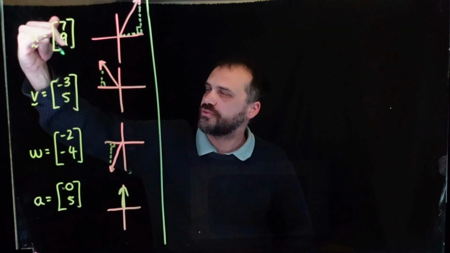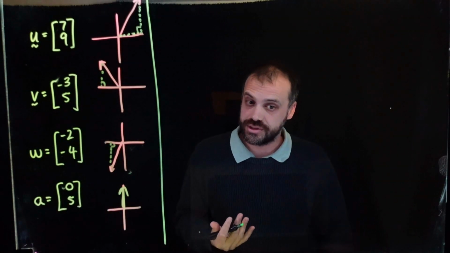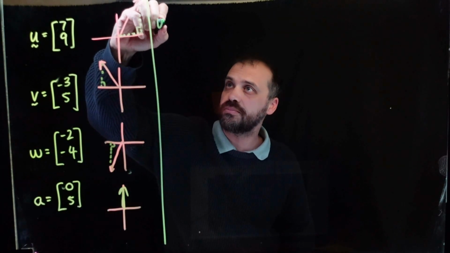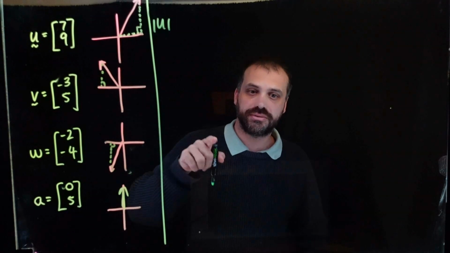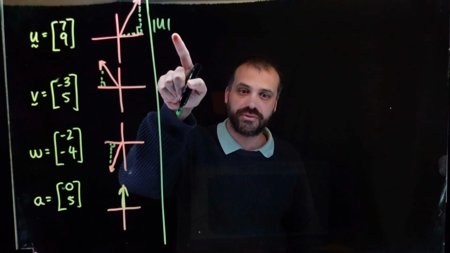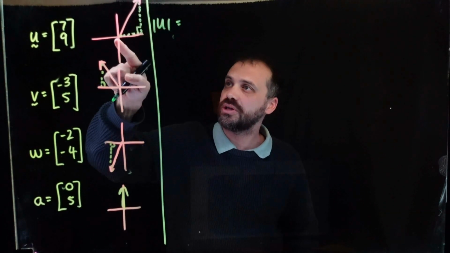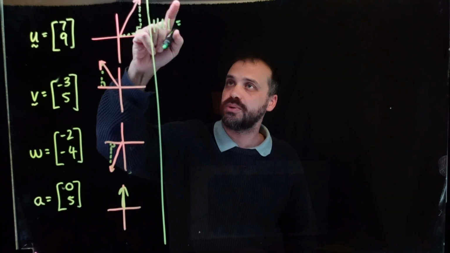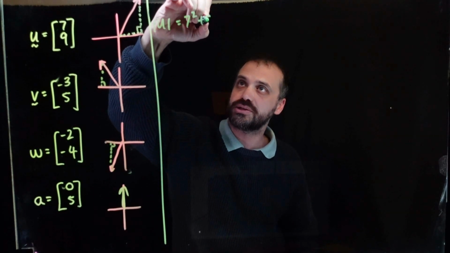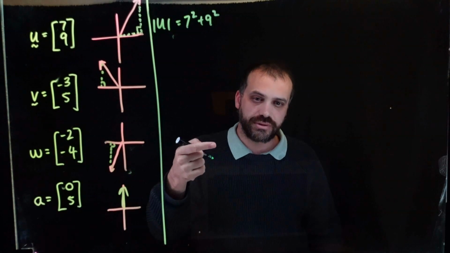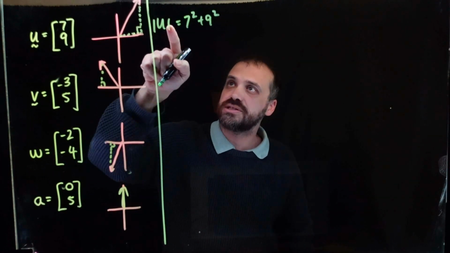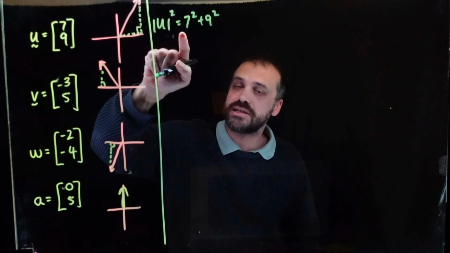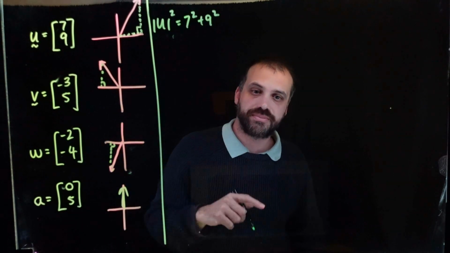Okay, so to find these magnitudes, we use Pythagoras' theorem. So we can say that the magnitude of u is equal to this squared plus this squared. So 7 squared plus 9 squared. Careful, the magnitude of this squared is equal to 7 squared plus 9 squared.